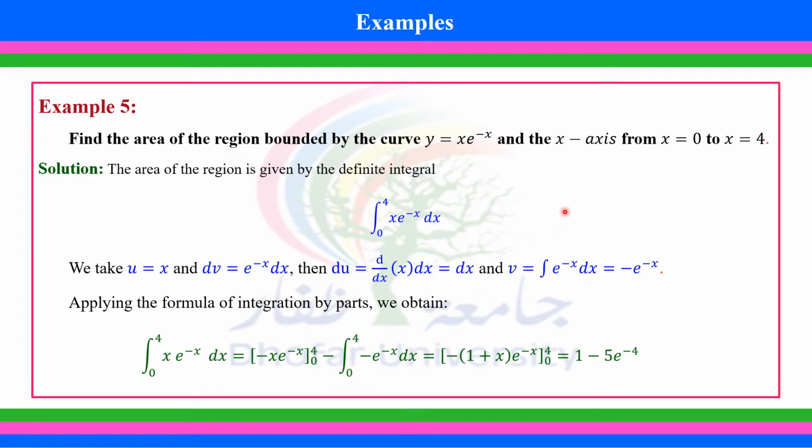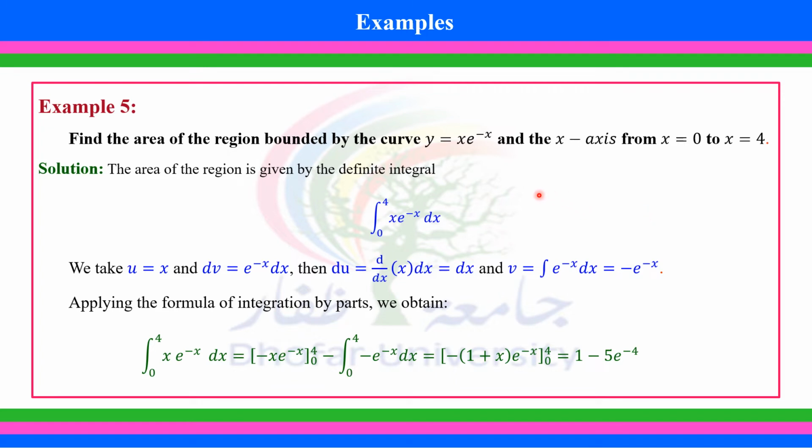Let us look at this problem. In this problem, we are required to find the area of the region bounded by the curve y equals x exponential minus x, and the x-axis from x equals 0 to x equals 4.